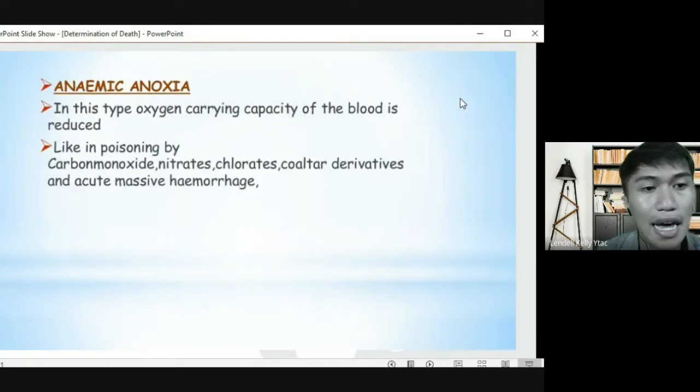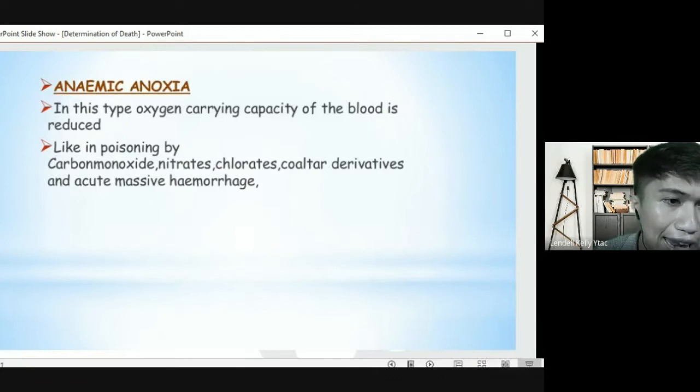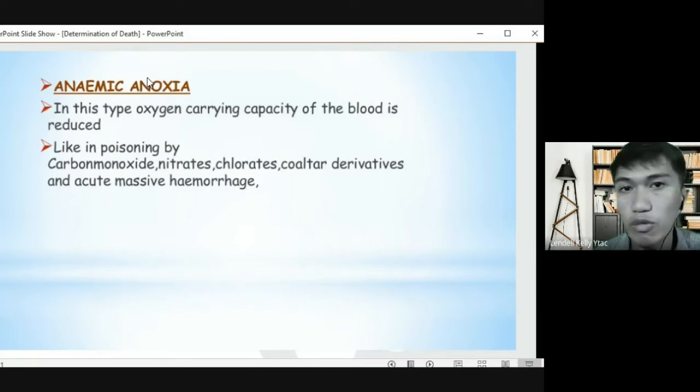When we say anemic anoxia, this is a type of anoxia in which the oxygen carrying capacity of your blood is reduced because there is a decreased red blood cell count. The term anemic means a significant decrease of red blood cells in the total blood of your client.